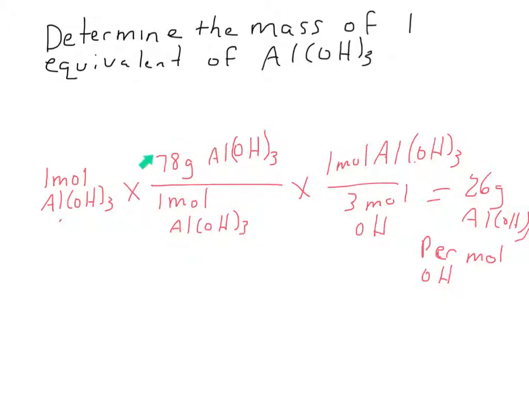So this is the mass from the periodic table. Moles of Al(OH)3 cancel out. Now we also know that Al(OH)3 has 3 OHs, so 1 mole has 3 of these. We do our math, and so we would have 26 grams of aluminum hydroxide per equivalent of hydroxide.